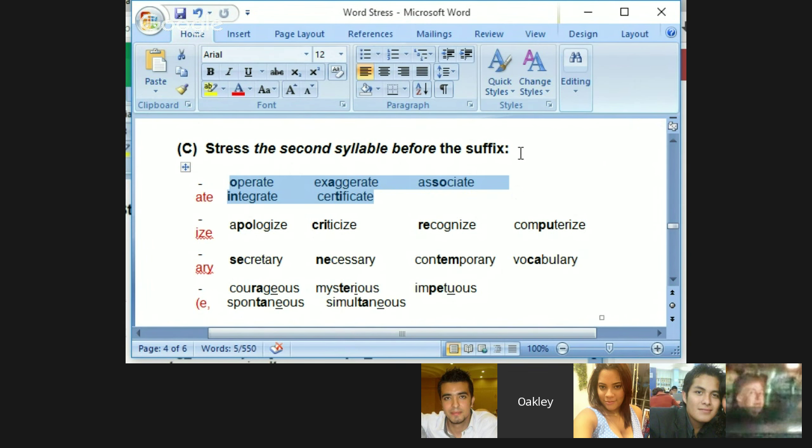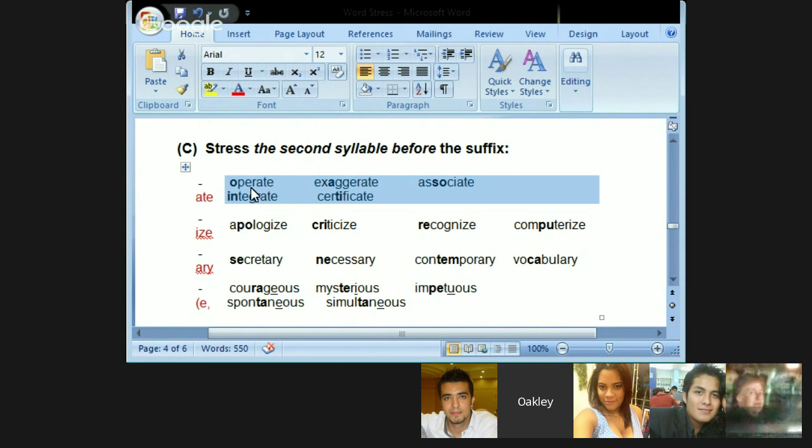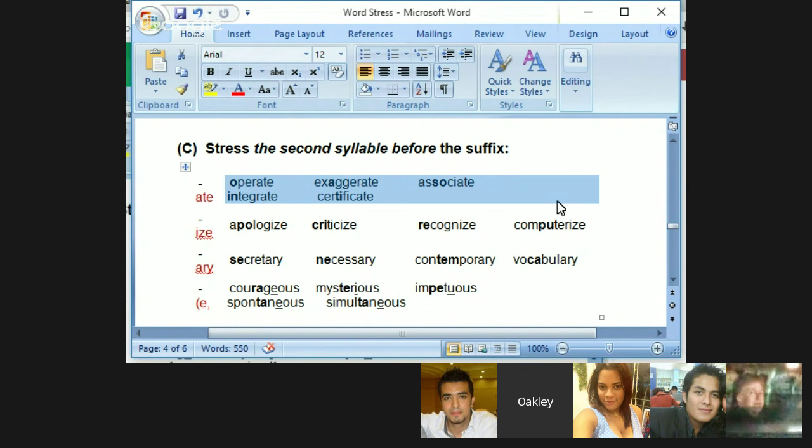Adverbs are the easiest ones to identify because there's really only one suffix, and that's -ly: quickly, rapidly, spontaneously, hesitantly. Are these verbs? Most of them are. Yeah. To operate, to exaggerate, to associate, to integrate.